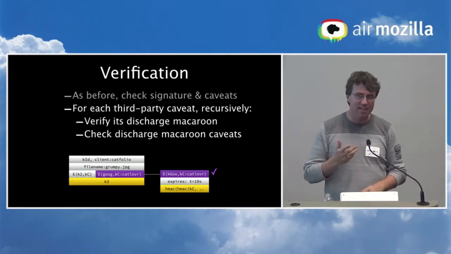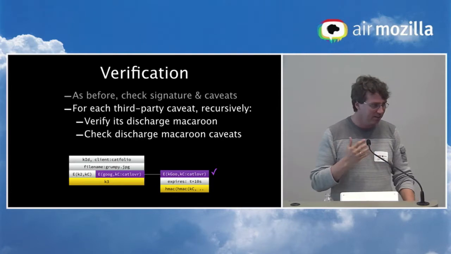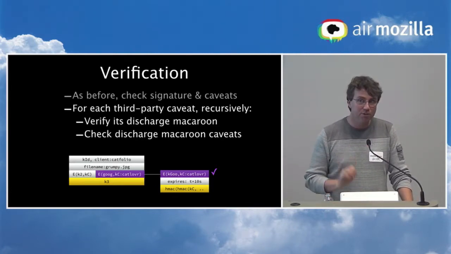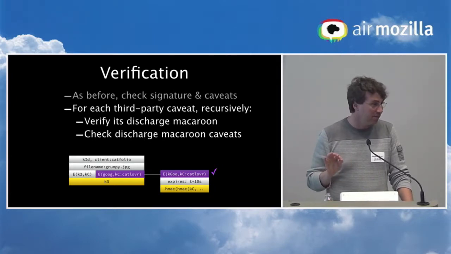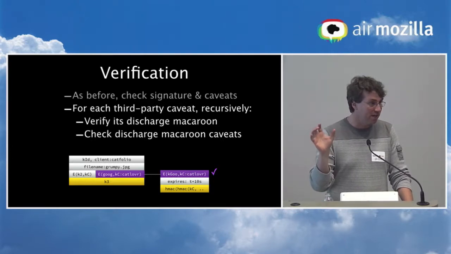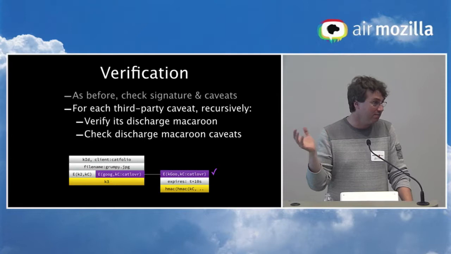So for granting access, as before, you check the signature and the caveats and all of that. For each of the third-party caveats, you have to go through and check all of the statements that are in there. The purple bit is the only thing you assume has already been checked. And as before, the purple bits are actually encrypted, so it's not even necessary for Amazon to know exactly what the check was.